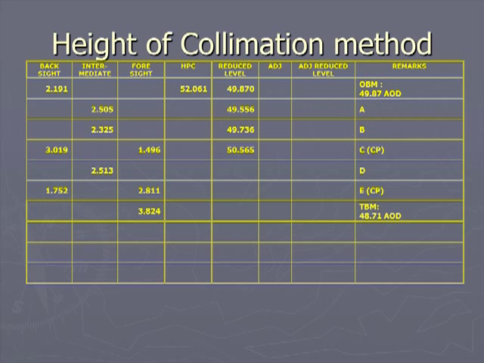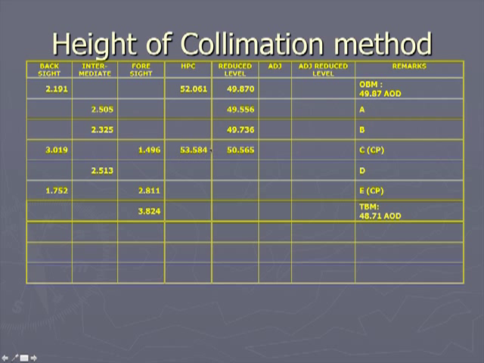How can we do that? Very simple. We add the new backsight measurement, 3.019, to the now known reduced level of point C, 50.565, and that will give us the new height of plane of collimation for the new instrument position, which is 53.584.